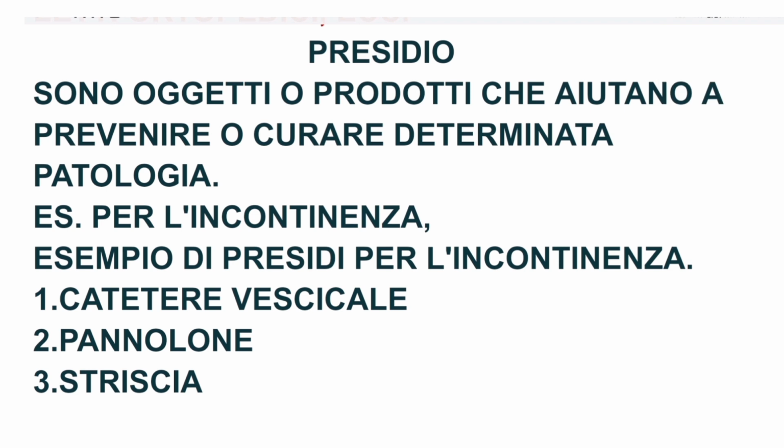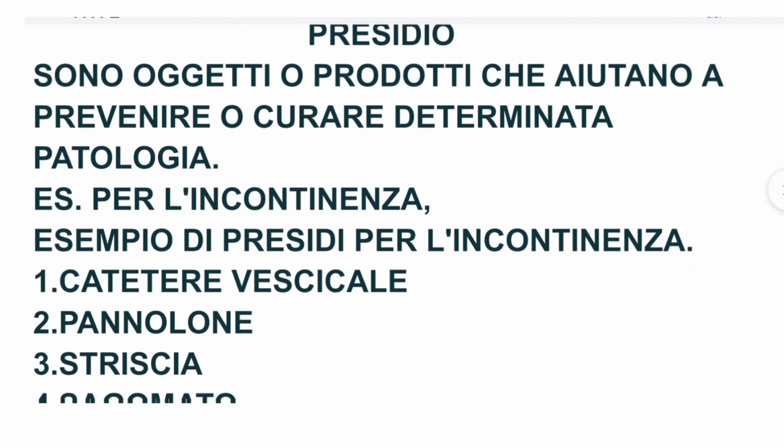So these products or these substances, they are used in situations like incontinenza. When we say incontinenza, it means incontinence in English. Somebody that does not have the voluntary control over their bladder. So they urinate without knowing it.